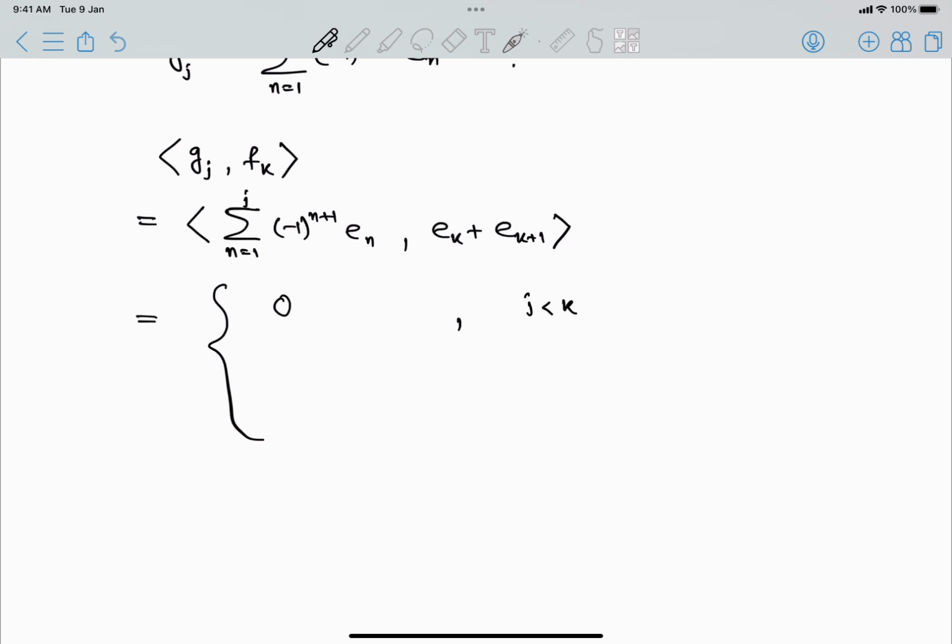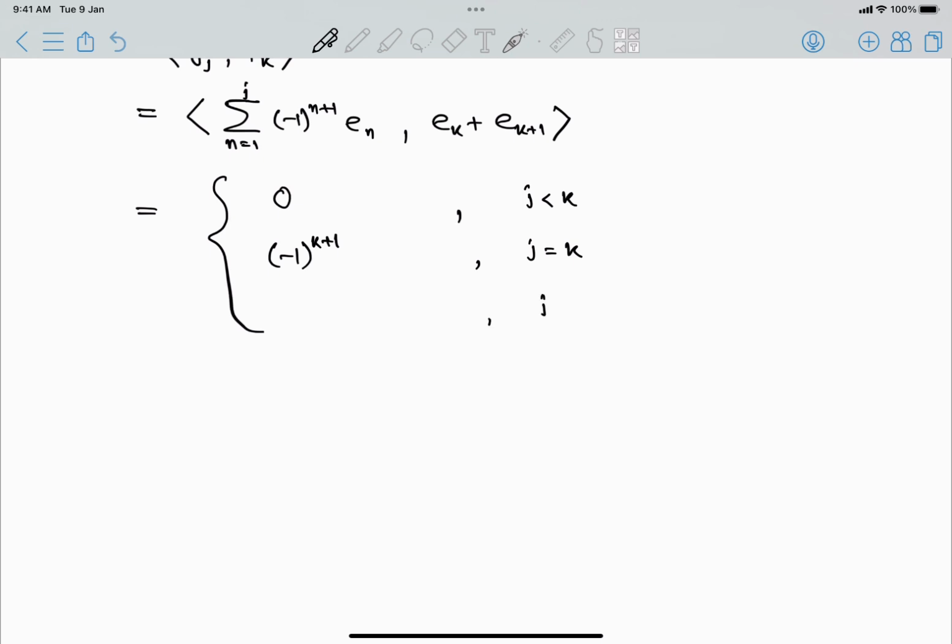Now what happens if j equals k? Then e_k will be there in the sum, and its inner product with e_k will be 1. So for j equals k you get only one term, (-1)^{k+1}. Otherwise all the inner products will be 0.